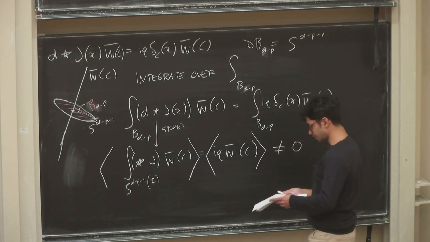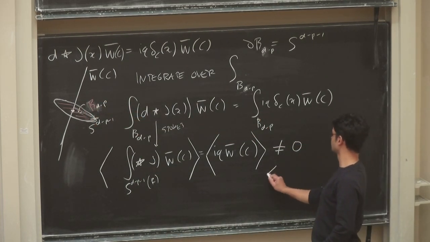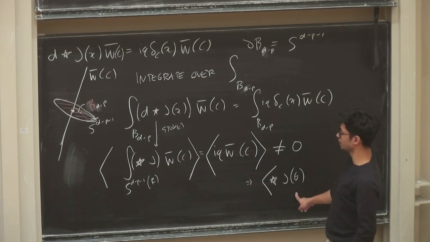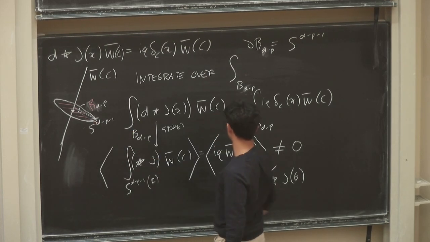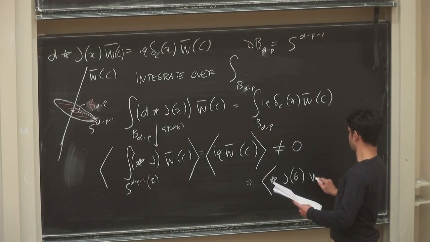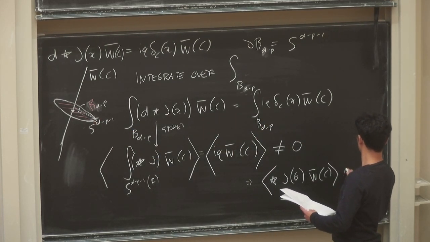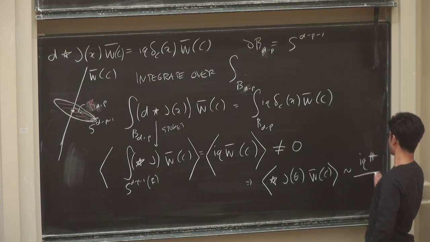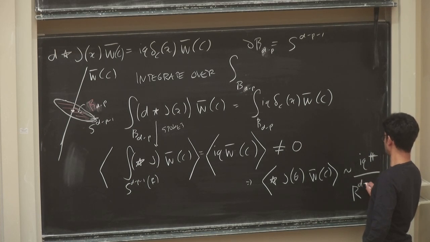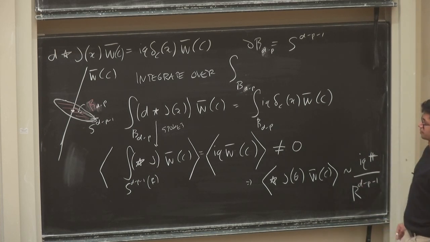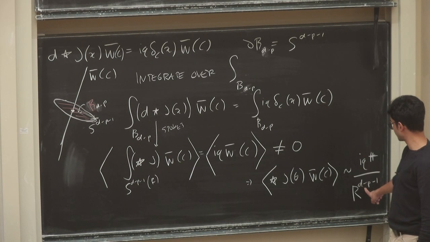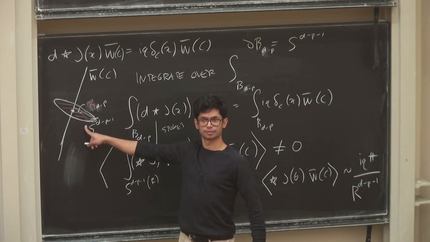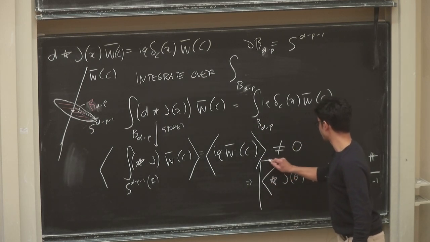And again, by spherical symmetry, what you conclude is that star of J on the edge, so on this S^(D-P-1), with this line operator, must go like some number divided by R^(D-P-1). It's R to the D minus P minus 1 because I'm now integrating over an S^(D-P-1). And again, we have a power law correlation.